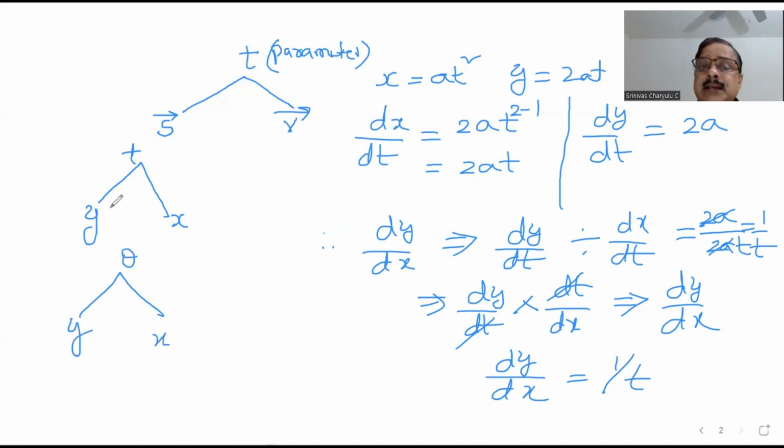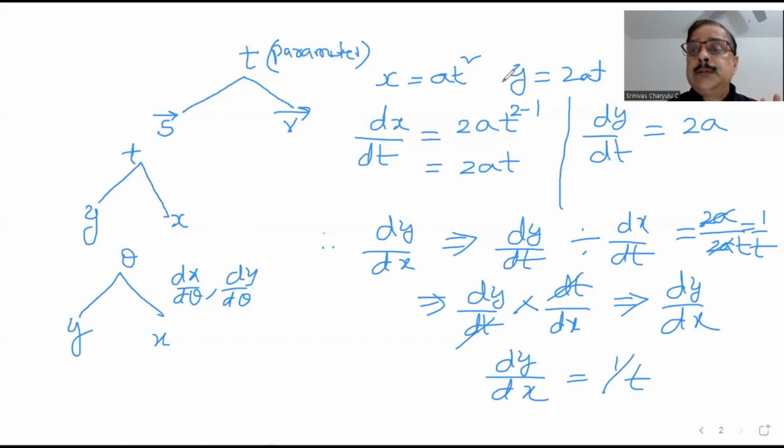So we should know exactly to which third variable they are connecting. If they are connected to t, find dx by dt, dy by dt. If they are connected to theta, then dx by d theta, dy by d theta; you find them, divide them, and then you will get dy by dx. So this is called parametric differentiation. In parametric differentiation, you have a link between each independent and dependent variable with a third variable. There is a relation, so we have to differentiate individually and then divide them.